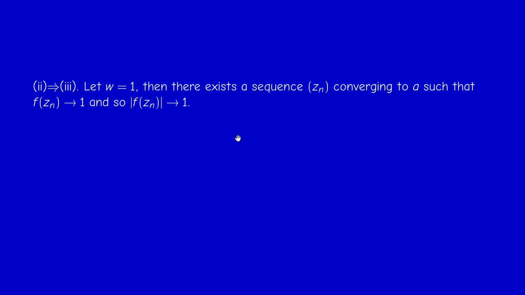2 implies 3 is easy. I use the density. So take w equal 1. Then by density, there is a sequence z_n converging to a whose image tends to w, which is 1. So in particular, the modulus of f tends to 1.